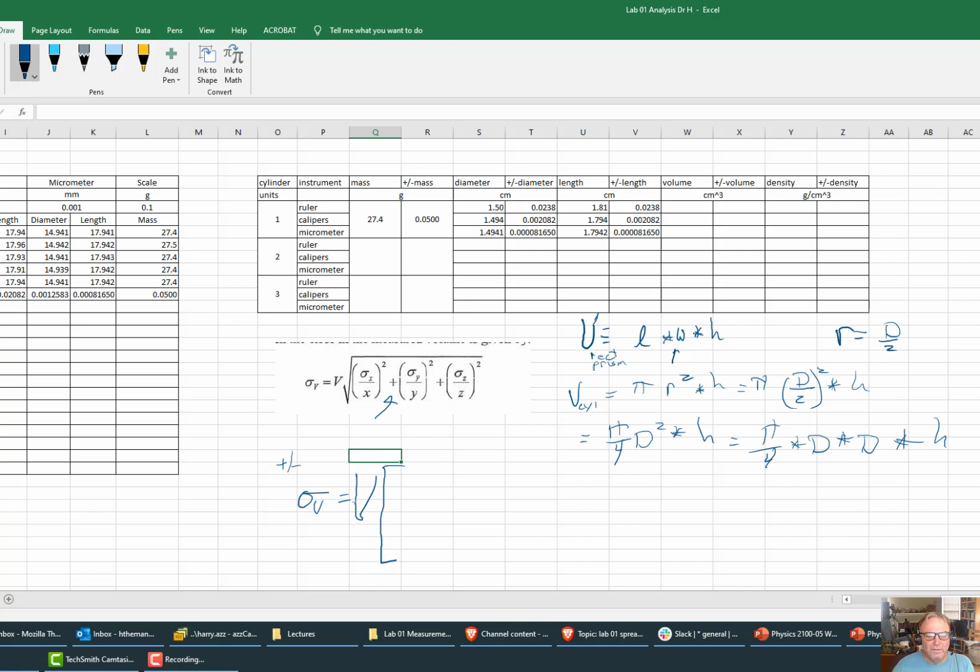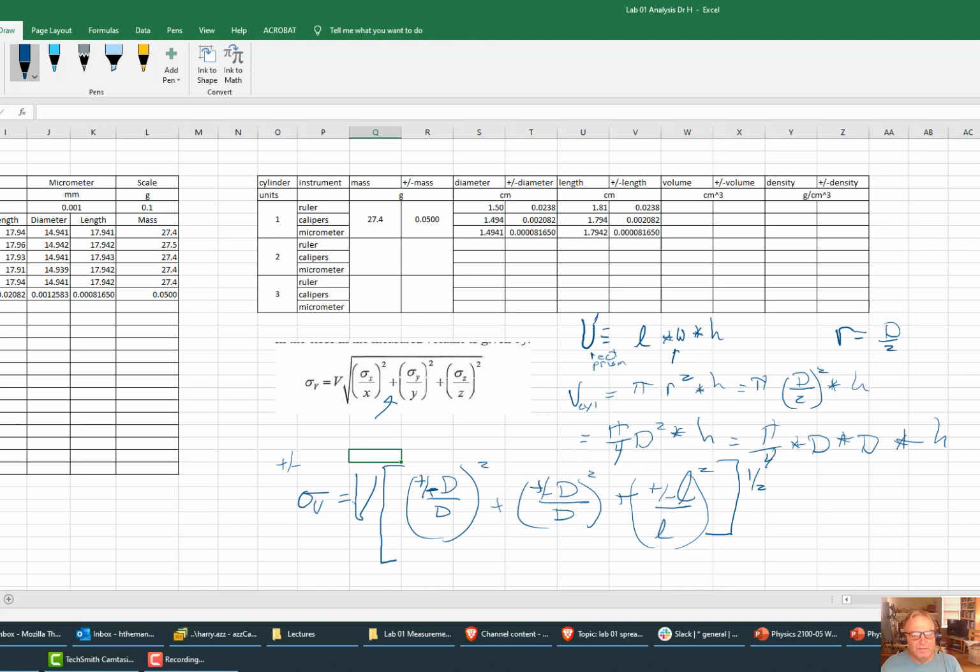So our first one is plus minus d over d squared, plus plus minus d again over d squared, plus plus minus, well, h is L, L over L squared, and then the whole mess gets square rooted.